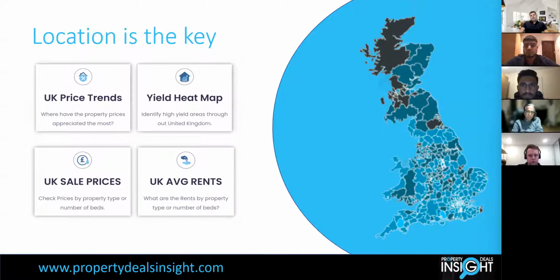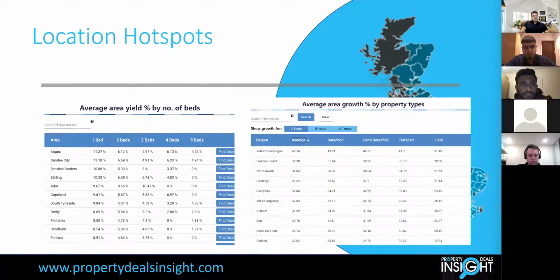So we created something called property heat maps, and as the name suggests, it allows you to look for areas which are red hot in terms of appreciation or yield, or also identify areas which are the worst ones, for instance. So it's always good to have your expectations right. This allows you to narrow down which areas to focus on.